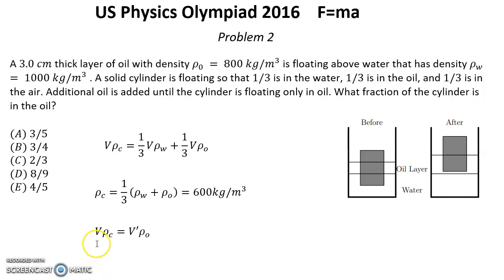That will be the volume of the cylinder multiplied by rho cylinder equal to the volume of the submerged part of the cylinder multiplied by rho oil. Now we have V submerged over total V equal to rho of cylinder over rho of oil, which is 3/4. That's answer B.